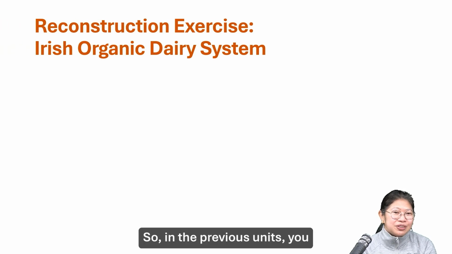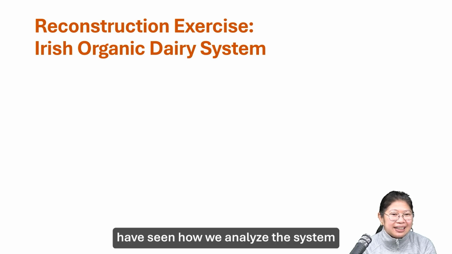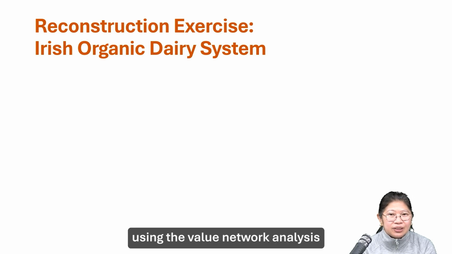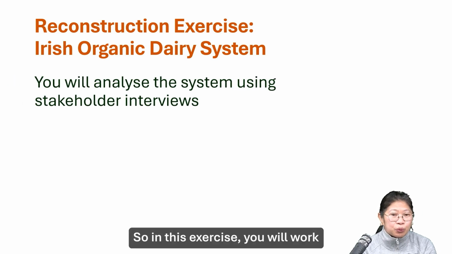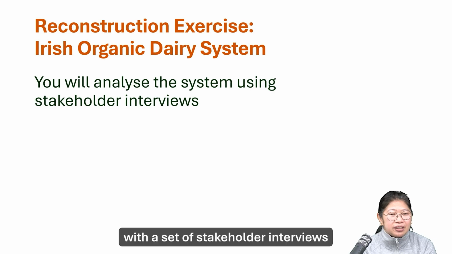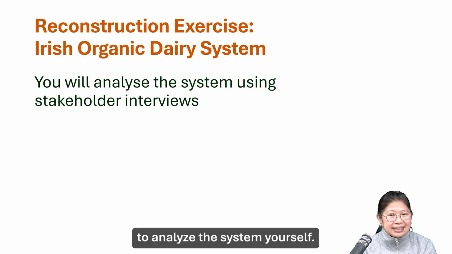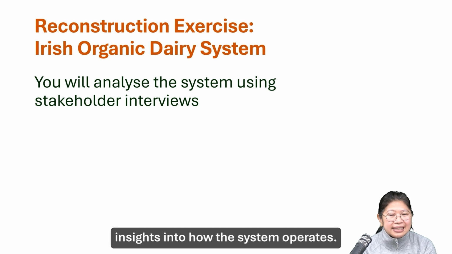So in the previous units, you have seen how we analyze the system using the value network analysis and a causal loop diagram. So in this exercise, you will work with a set of stakeholder interviews to analyze the system yourself. These interviews provide partial insights into how the system operates.